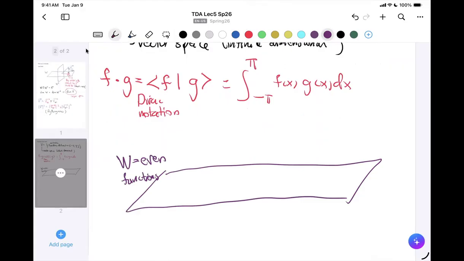So the even functions are a vector subspace of the space of all functions. And for example, the orthogonal complement is the odd functions, meaning that an odd function is perpendicular, in a sense, to an even function.